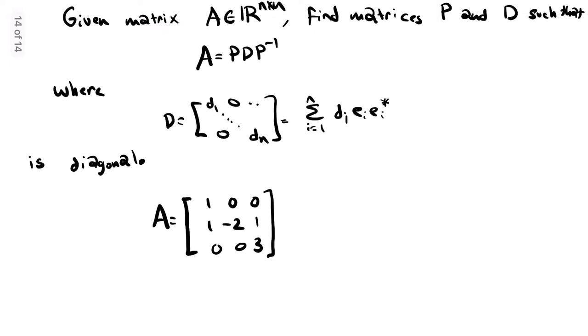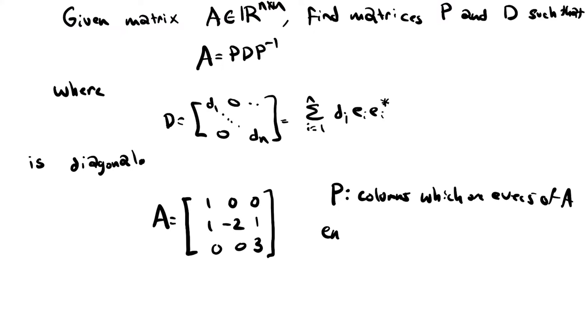So I'll just go through a simple example here of how you're going to calculate this. The theory is built on the fact that P has columns which are eigenvectors of A, and the entries of D are made of the eigenvalues along the diagonal.